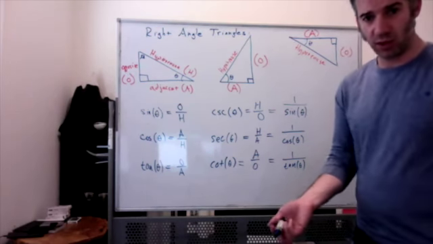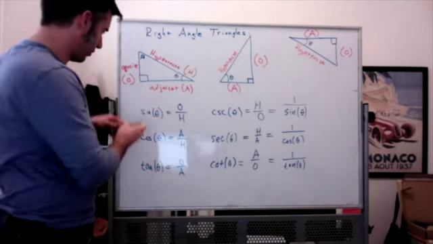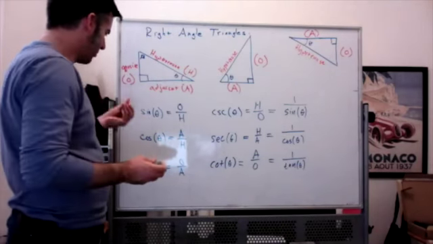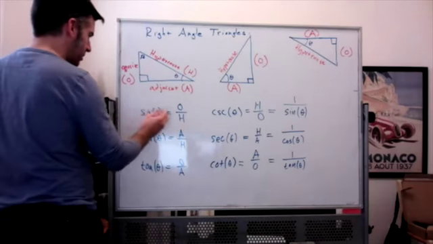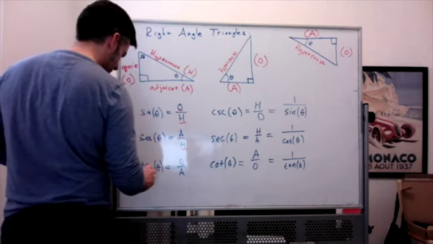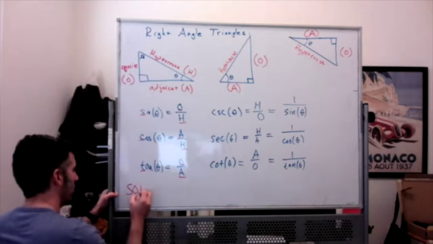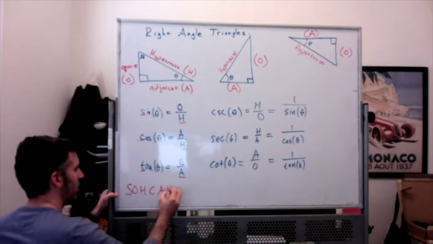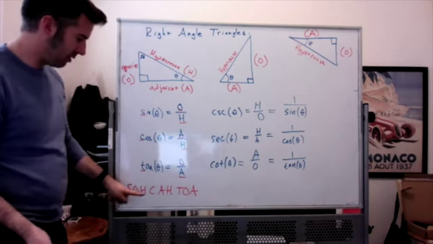Two things you want to know about. There is a mnemonic device to remember these first three. It goes SOHCAHTOA, right? Sine is opposite over hypotenuse.